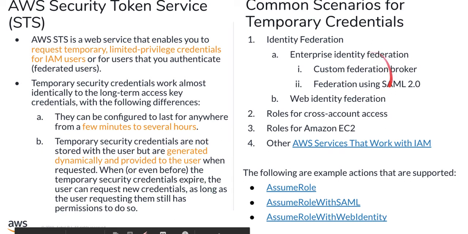If he is a federated user doing it through enterprise identity federation, then he would be attached with AssumeRoleWithSAML, or if he is with web identity federation or IDPs, then AssumeRoleWithWebIdentity would be attached as part of the permissions.